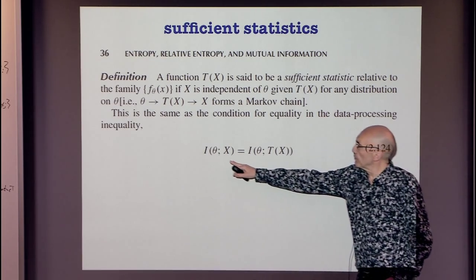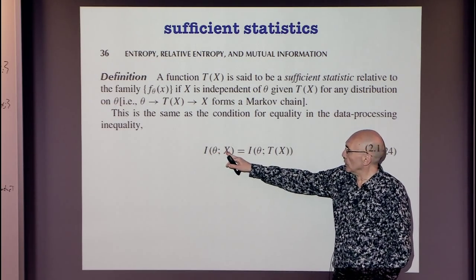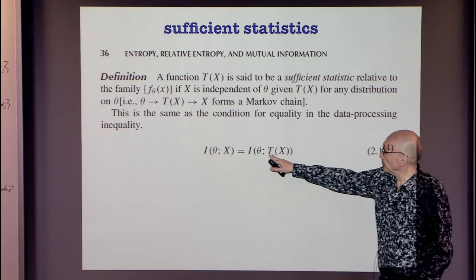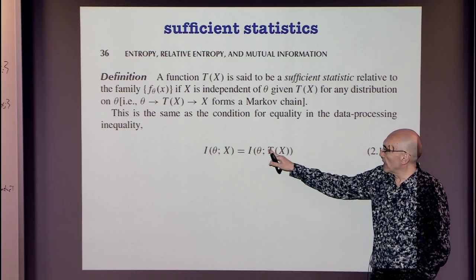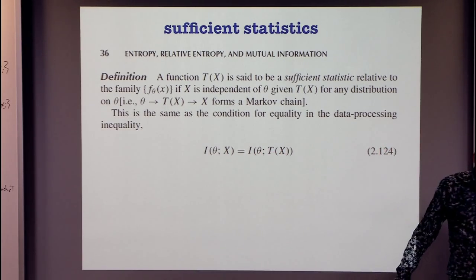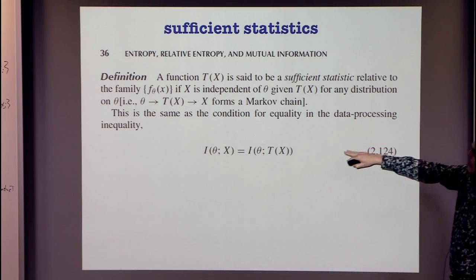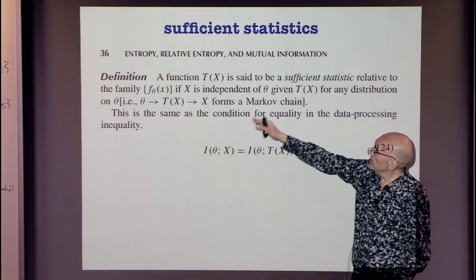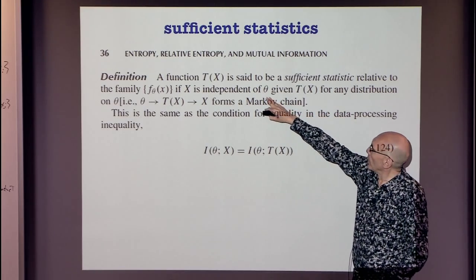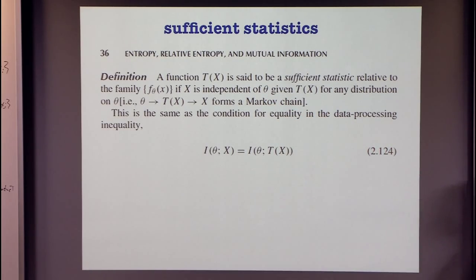Mutual information from the unknown parameter to the observables is the same as from the unknown parameter to the statistic. Now, of course, when you define sufficient statistics, the parameter need not have a distribution. So this is actually true for all possible distributions on theta. It's kind of like saying all Bayesian forms of the problem will satisfy that property.